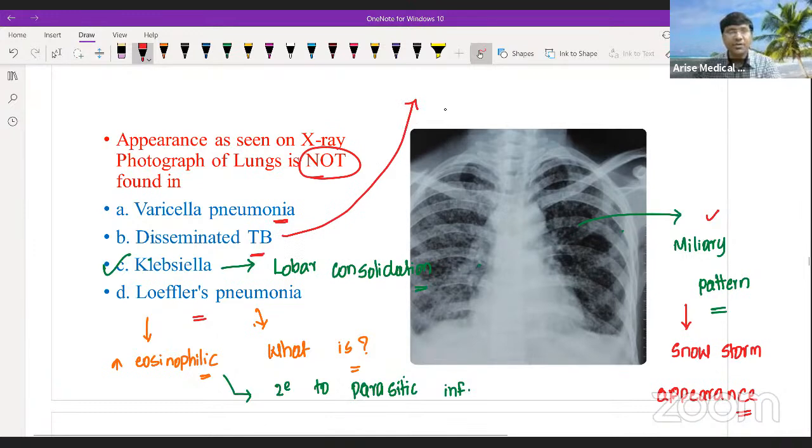Can anyone tell me what are the most common organs to which the disseminated tuberculosis will spread?